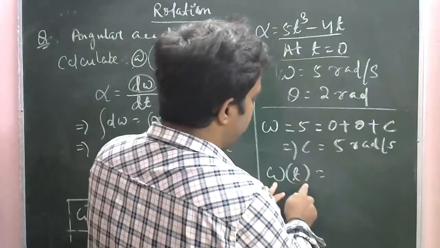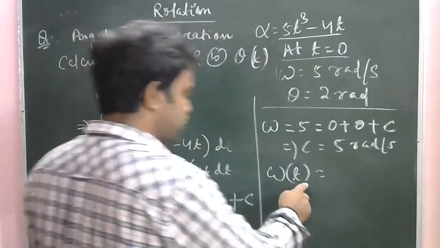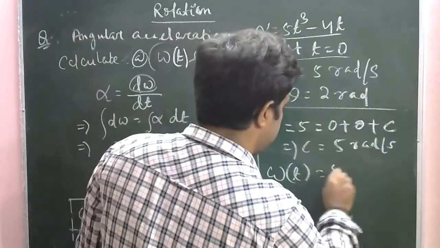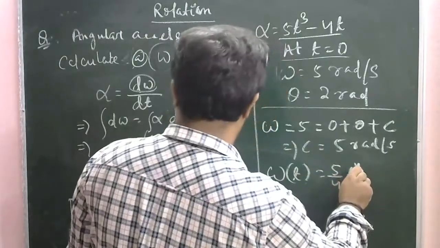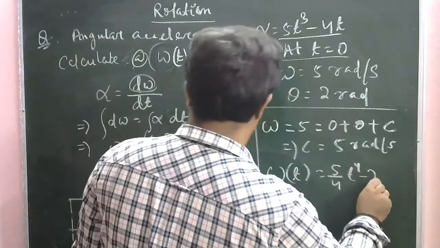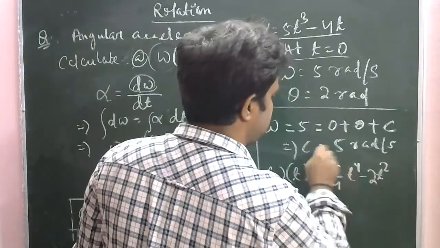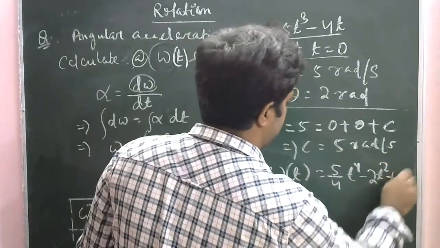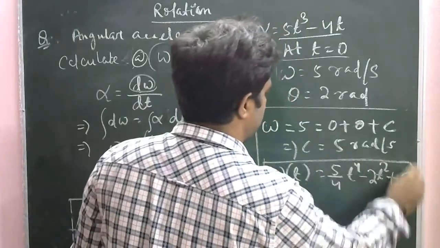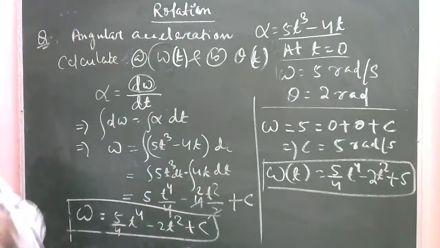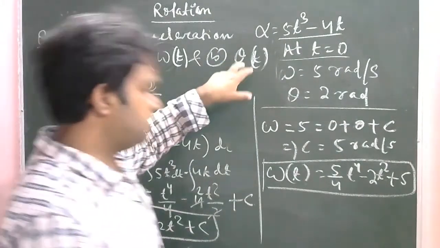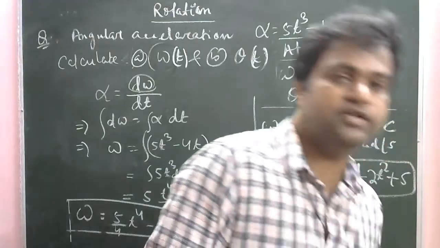Now you see omega of t, you are getting this expression: 5 by 4 t to the power 4 minus 2 t square, and c we got as 5. This is the angular velocity you are getting. Now we will calculate theta. So how will you calculate theta?